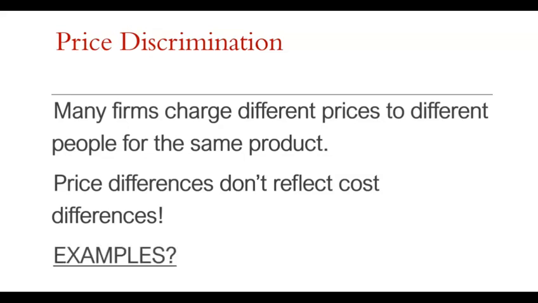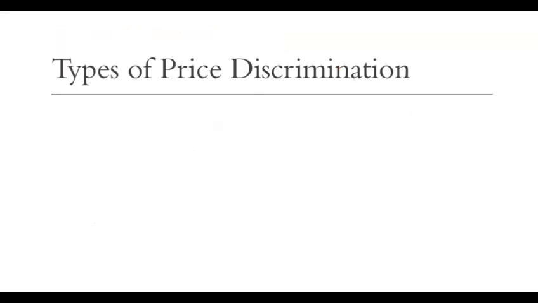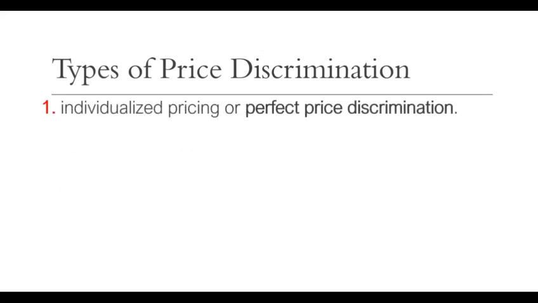If you think about examples, they're really all around us, as we'll see when we look at the examples a little bit later on. We can classify price discrimination as taking a number of different forms. Perhaps the most extreme form is one in which individuals are charged different prices.